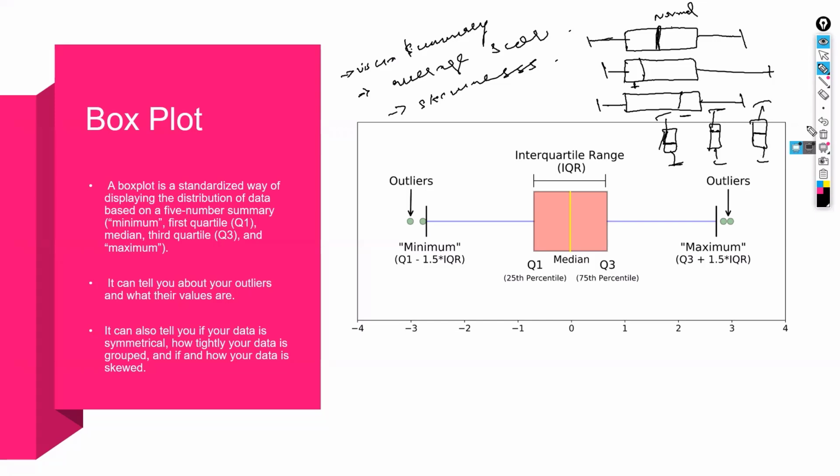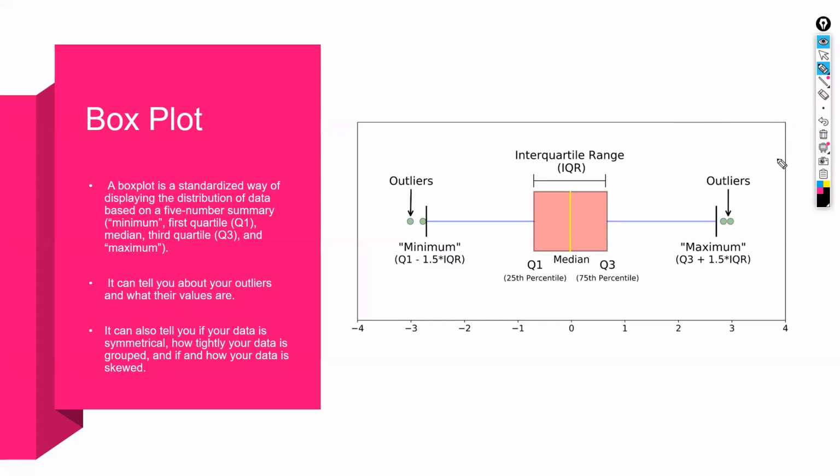Now, if you have understood the skewness and how the symmetry works, then let's understand the next use of box plots, that is dispersion of the data. It also tells you how the data is dispersed throughout. And they are also, like I told you, the most important one is showing outliers.